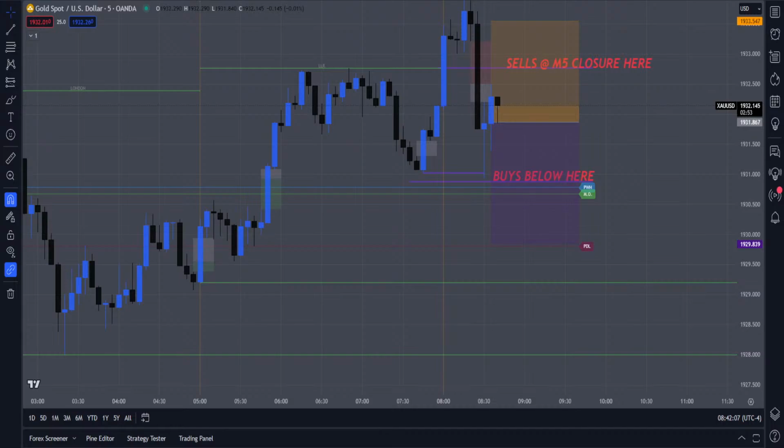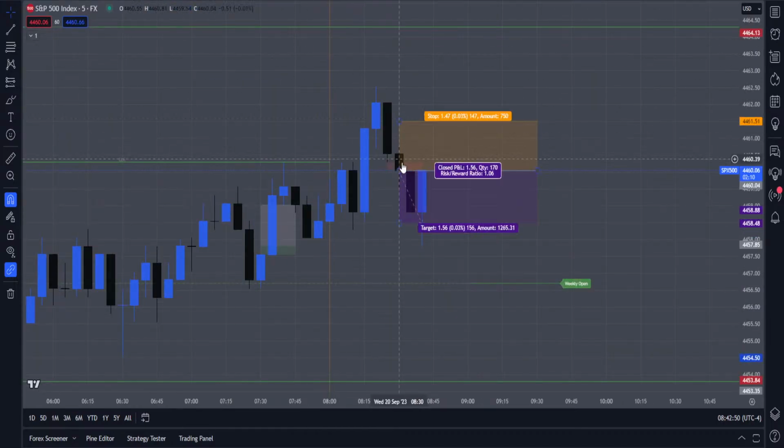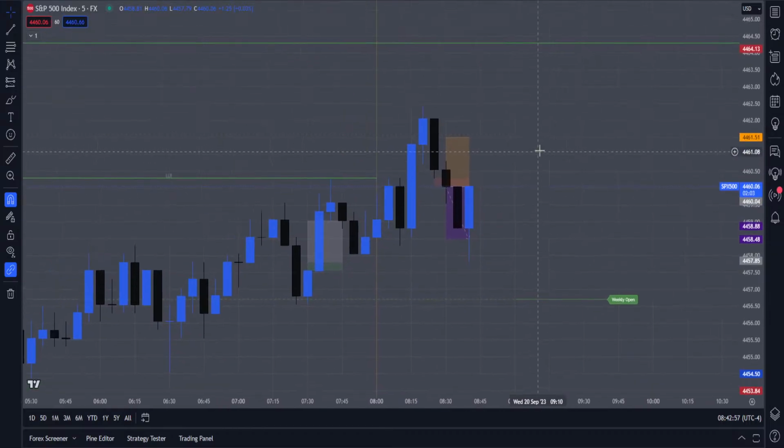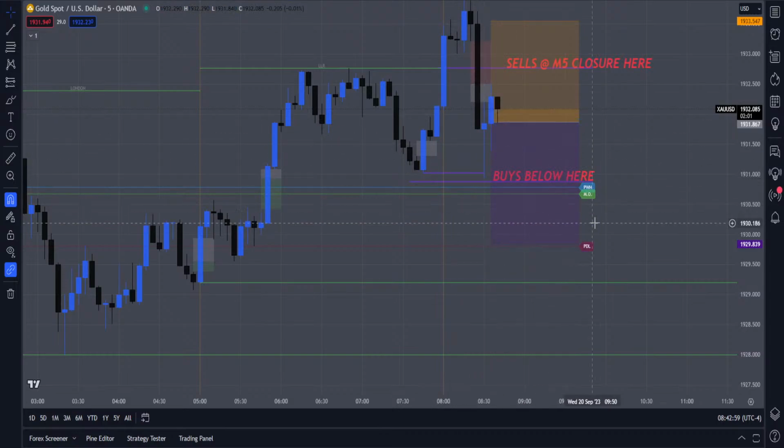We're in a little bit of drawdown, but that's it. Looks like SPX would have hit the take profit before reversing, which is good. We didn't take that one though, we're looking at gold.